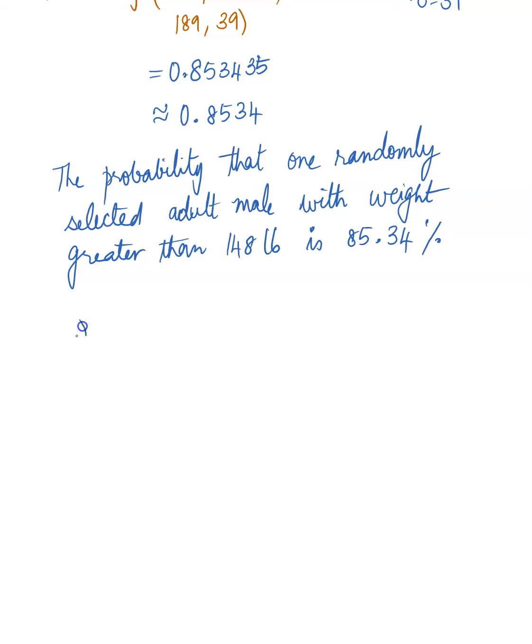So let's come here and do part B. Now for part B, we are talking about probability of X bar greater than 148 pounds. Okay. So remember, this is mean or sample mean, I'll say.